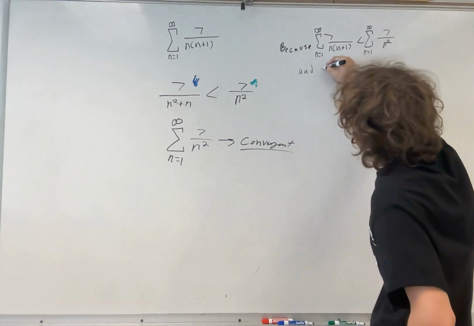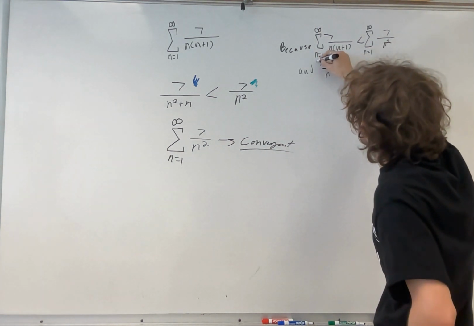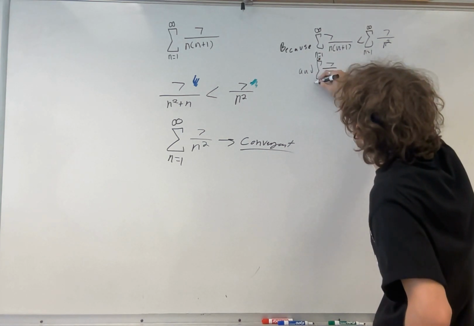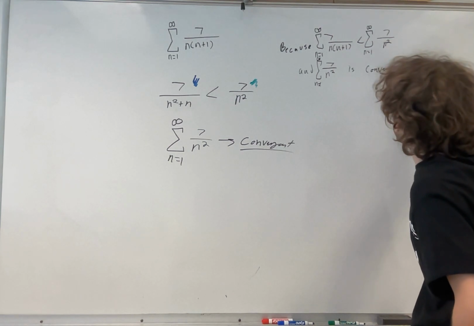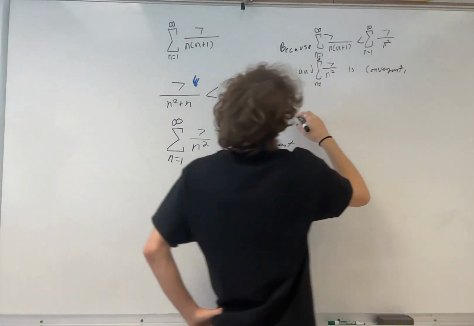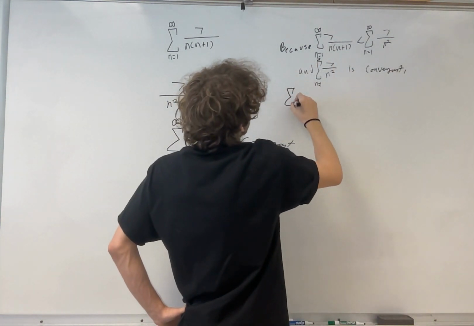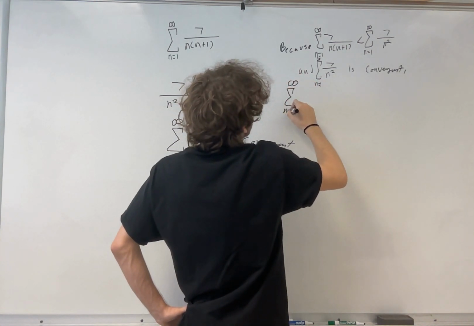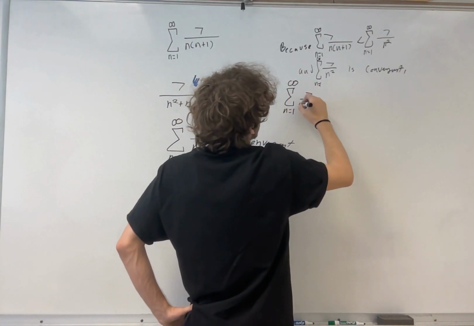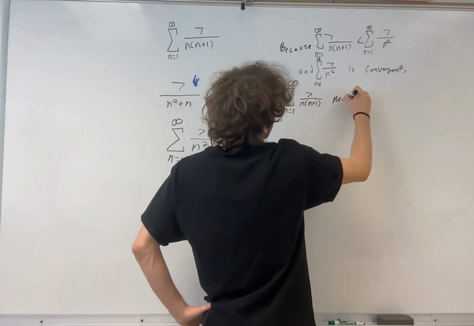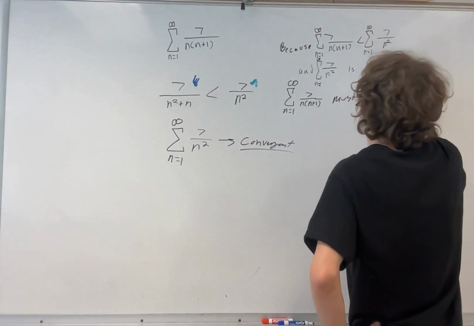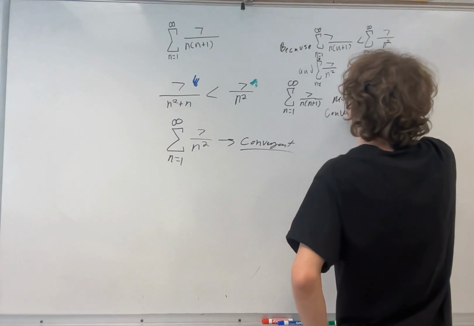And 7 over n squared, that series, is convergent. Our initial series must also converge.